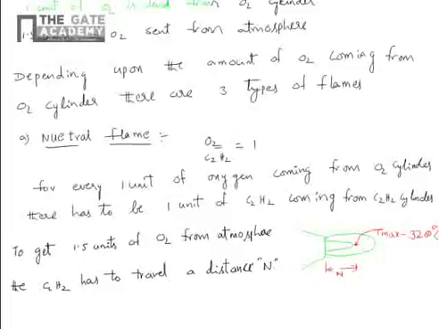So the acetylene flame has to travel n distance for complete combustion. If it gets 1.5 units from the atmosphere, it already got 1 unit from the cylinder, so complete combustion takes place.